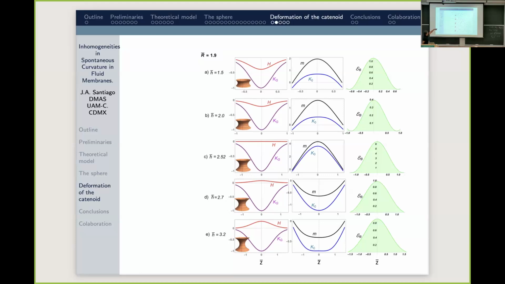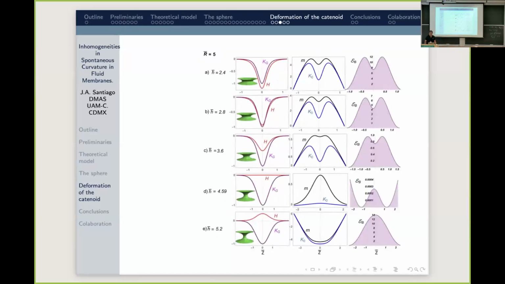Of course, the Gaussian curvature is always negative, but in this case, the mean curvature is 0. That is because in this case, we have a catenoid exactly, right? If we fix the radius, then we have this behavior.